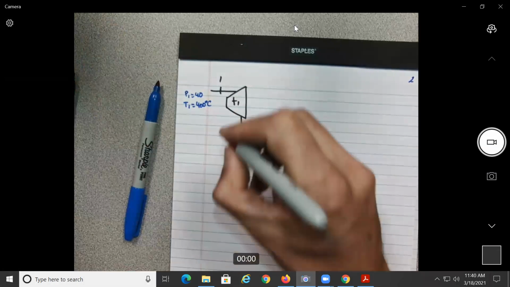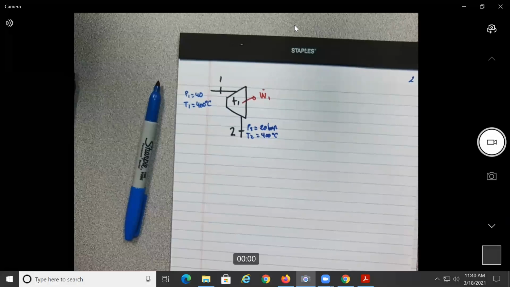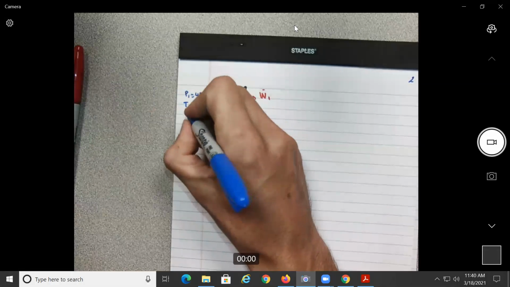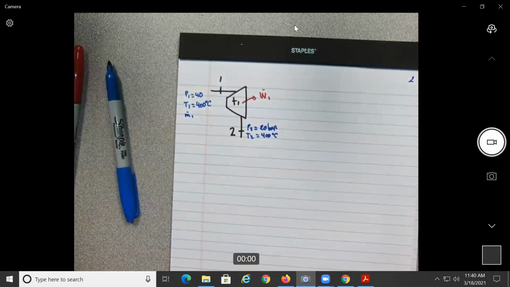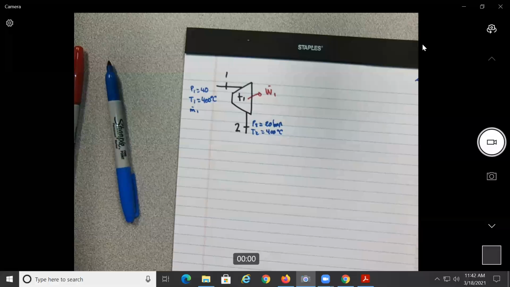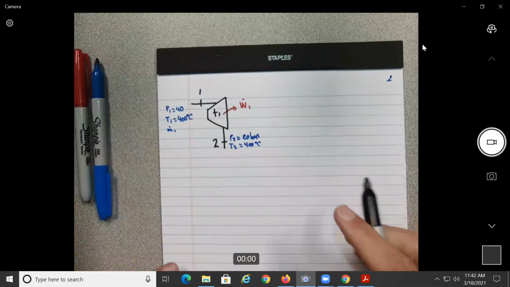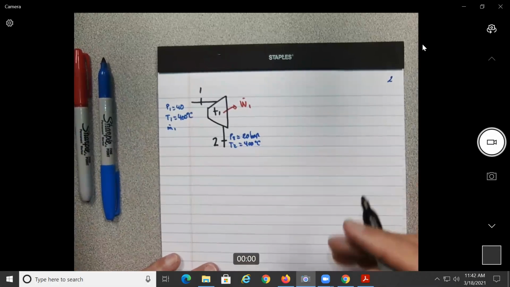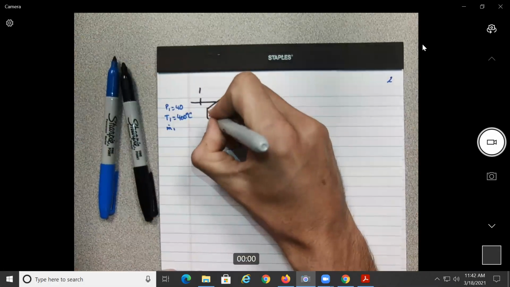And this is going to produce power. We don't know, we can find M1 easily, okay? All right, so if we do it this way, you're going to apply now the first principle to this control volume. So let's say here, this control volume here.